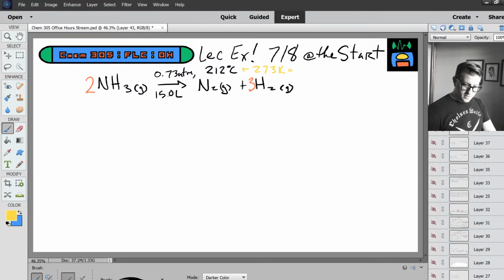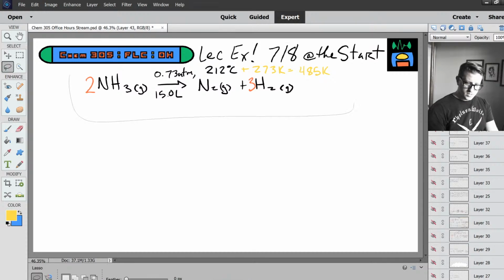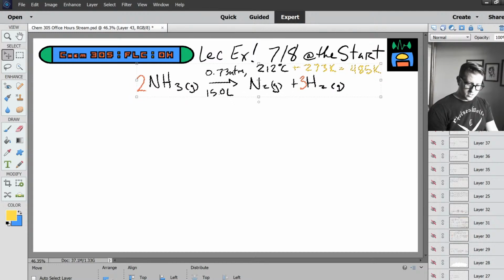So that would add to 485 K. All right, okay, now part B, if all the nitrogen trihydride completely decomposes, what is the total pressure in the cylinder?